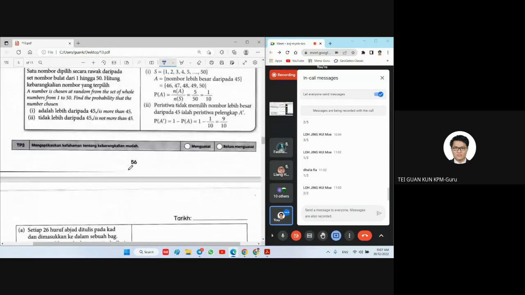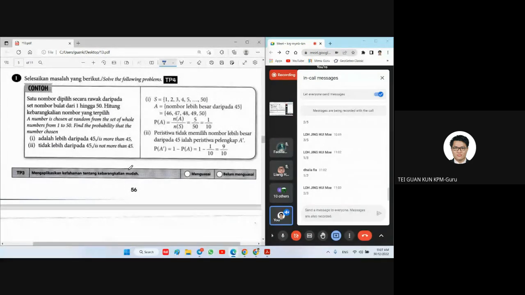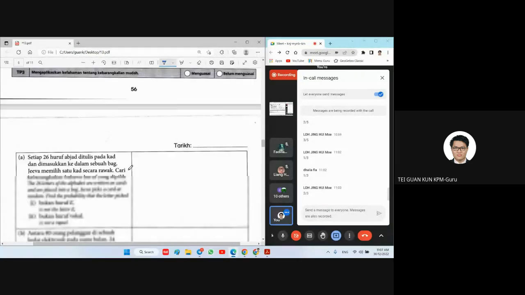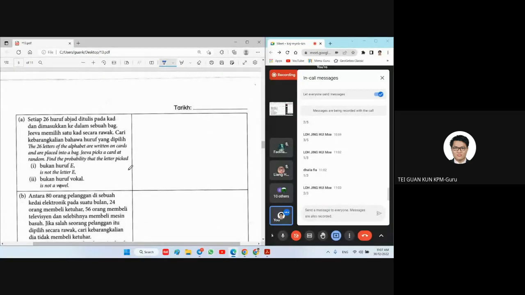Okay, what is this? Solve the following problems. Okay, A. The 26 letters of the alphabet are written on cards and are placed into a bag. Jiwa picks a card at random.